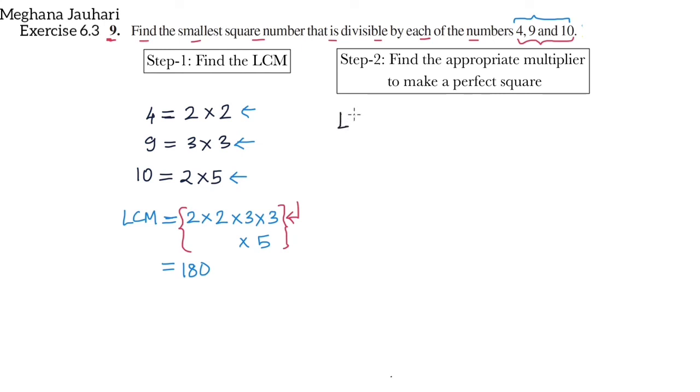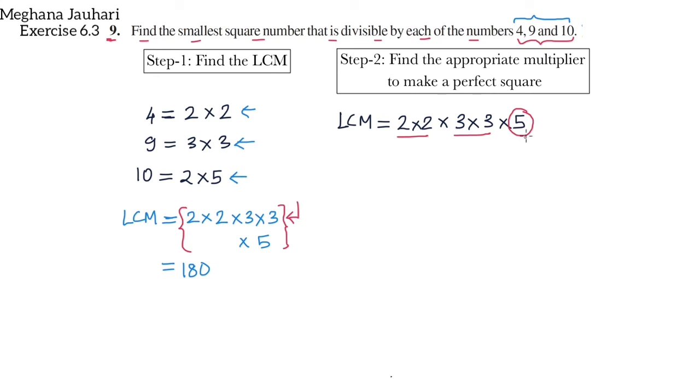So the LCM once again is 2 into 2 into 3 into 3 into 5. Now if you pair up the prime factors, you have a pair of 2, a pair of 3, but this 5 is left unpaired. So by what number should you multiply the LCM so that you can get a perfect square?